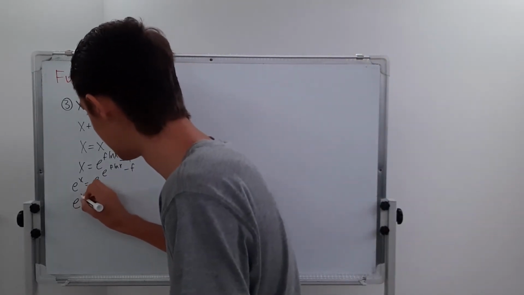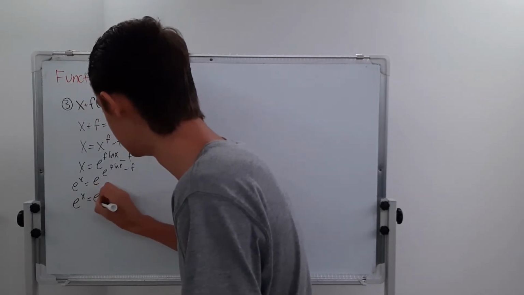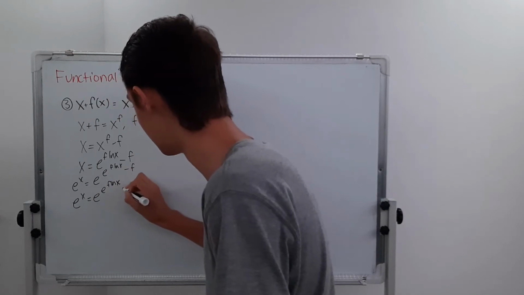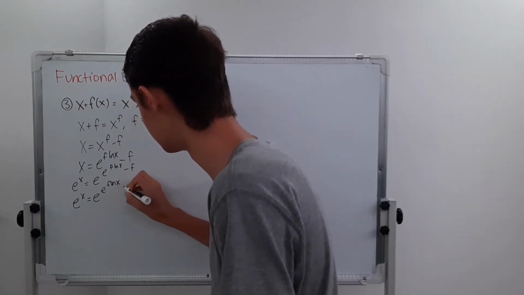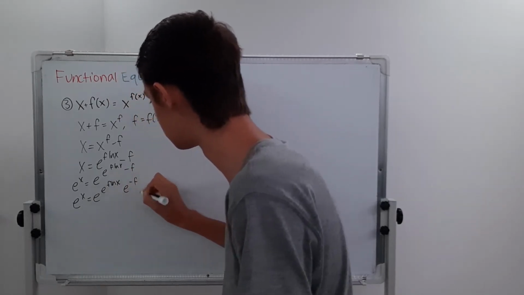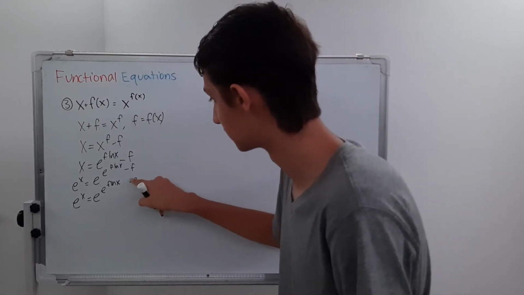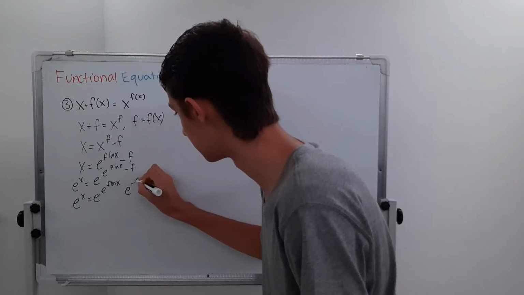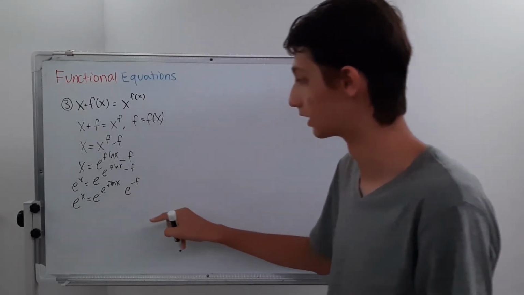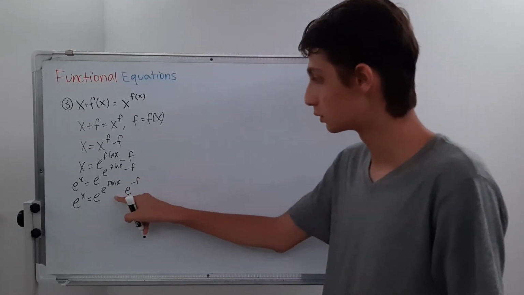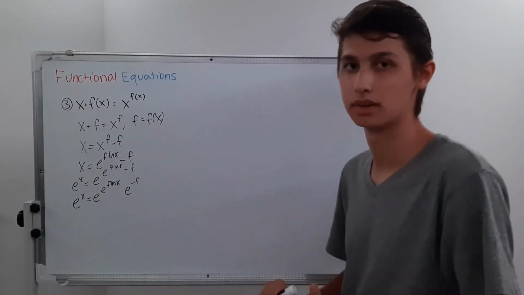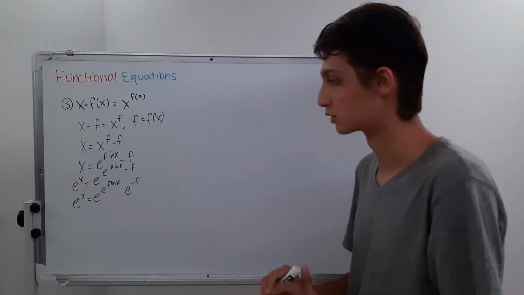So we get that e to the x is equal to e to the f ln x times e to the negative f. So what we're doing now is we're converting into that multiplication to help us put it in some sort of form.